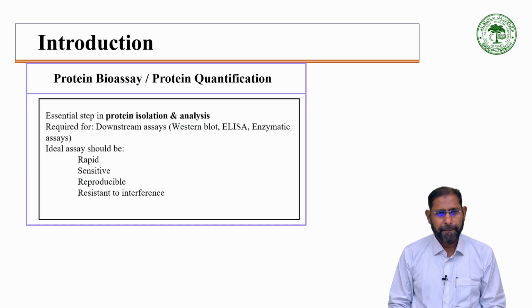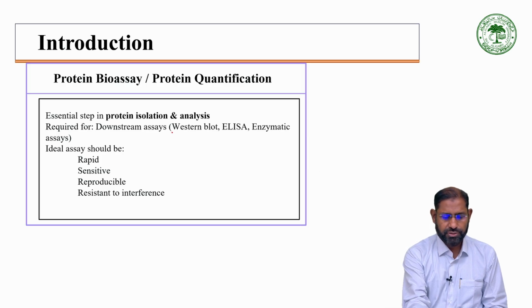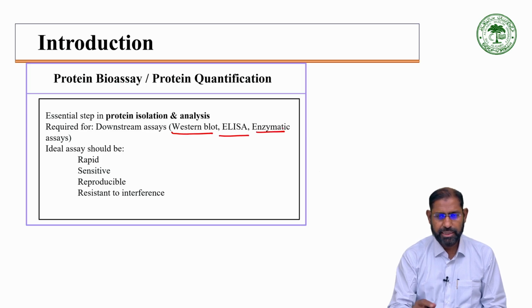Introduction. Protein quantification is a very essential step in the process of protein isolation and also for analysis of the proteins, because we need to understand downstream assays. It means we need to quantify protein, like for Western blot, ELISA, or any enzymatic assay.